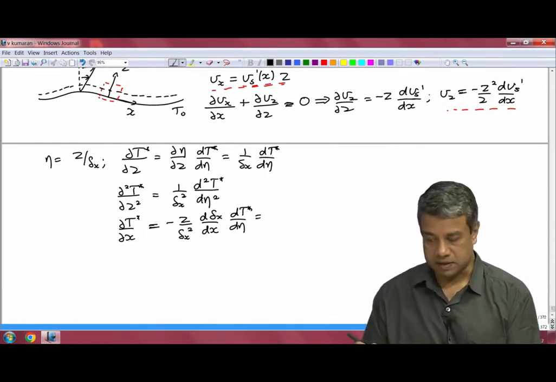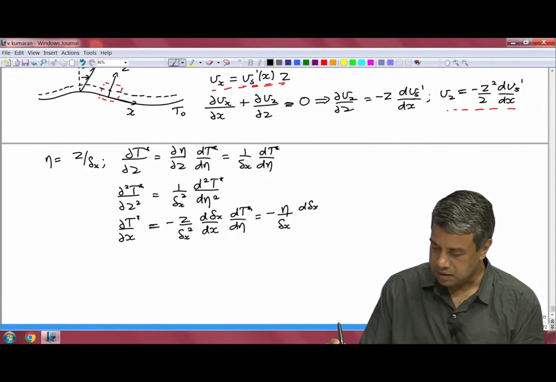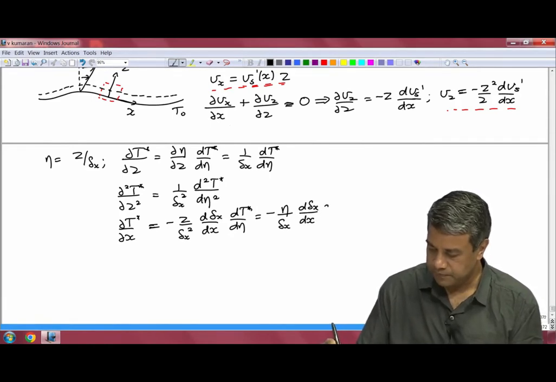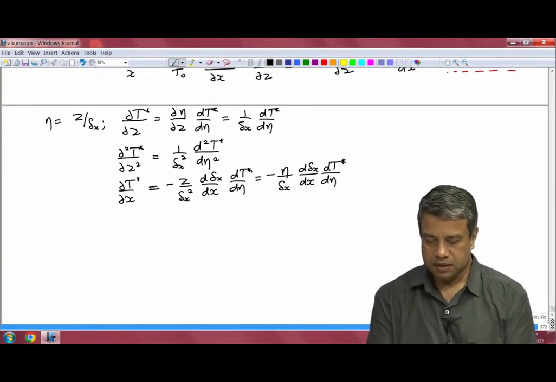Z by delta is eta, so I can write this in terms of eta as minus eta by delta x d delta x by dx. Substitute that into the conservation equation.